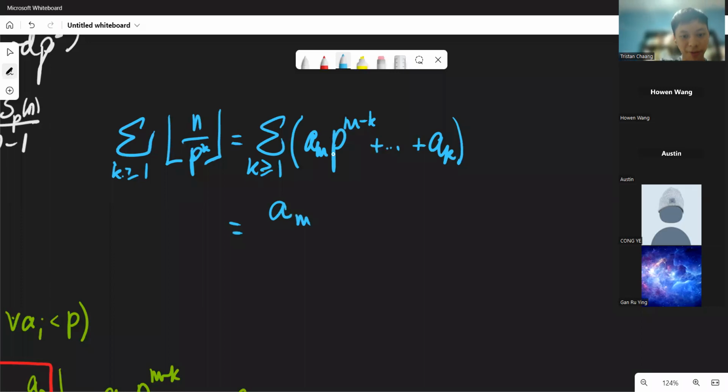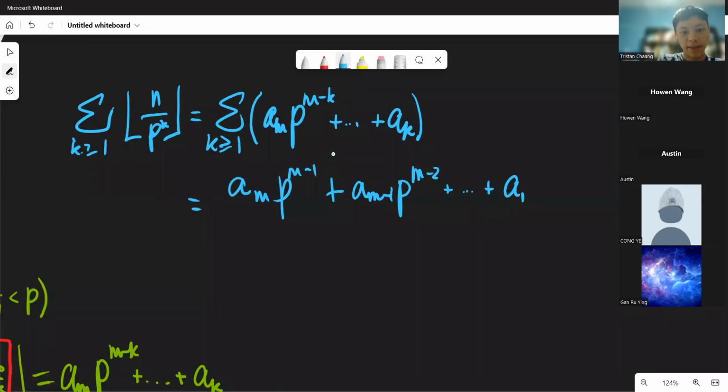Let's say if k is 1, then this is a_m p to the m minus 1, I'll just write two terms, and then a_(m-1) p to the m minus 2 plus dot dot dot plus a_1, right? And the next one is k equals 2.